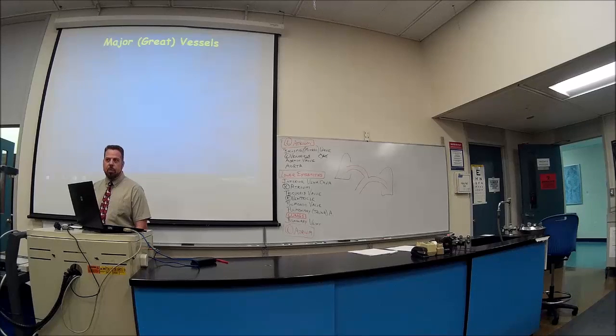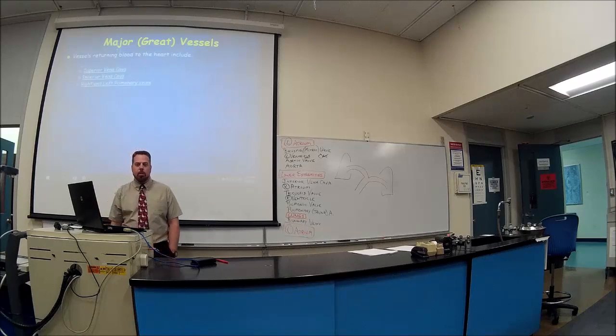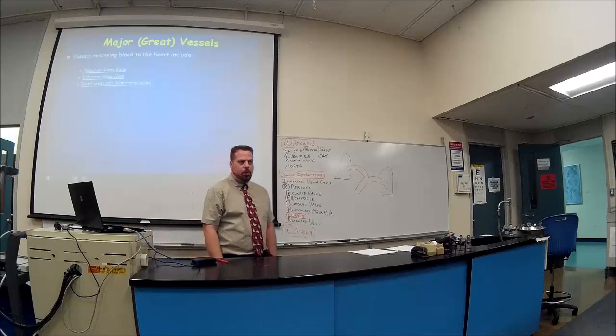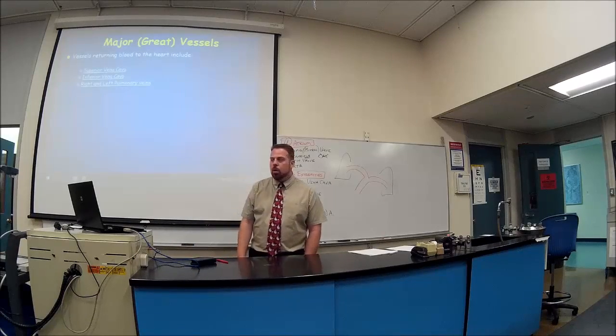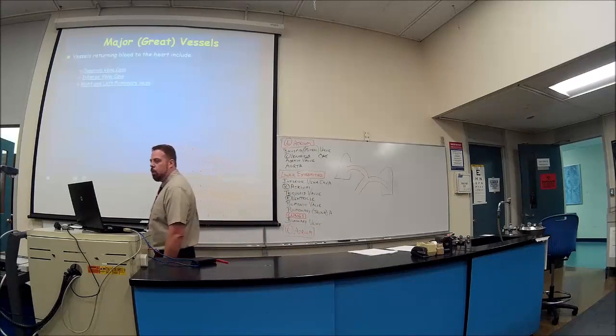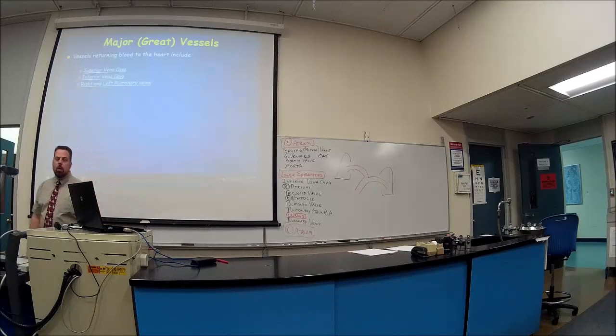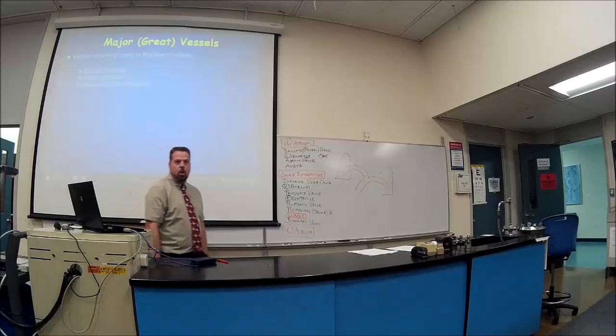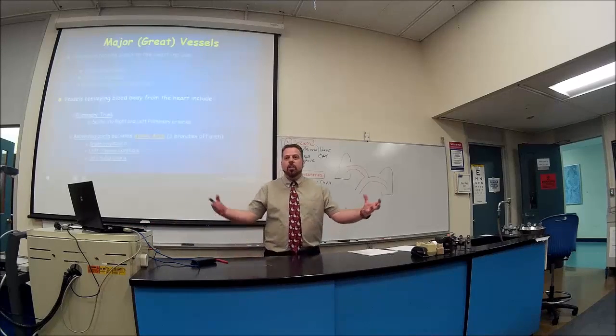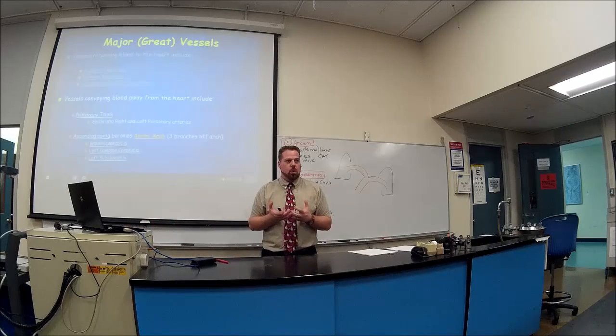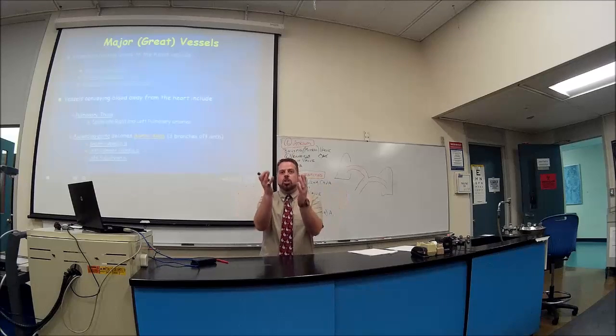Questions on that? You know about the major great vessels, superior and inferior vena cava, carrying deoxygenated blood. We also have the pulmonary veins, that are going to carry oxygenated blood from the lungs to the left atrium. So the atria are the receiving chambers. The ventricles are the discharging chambers.